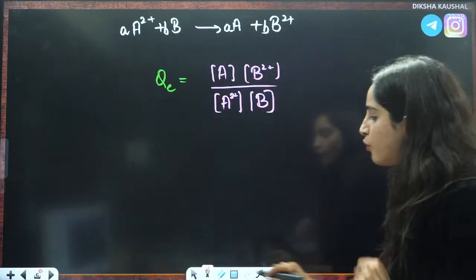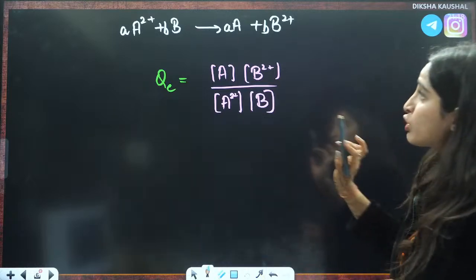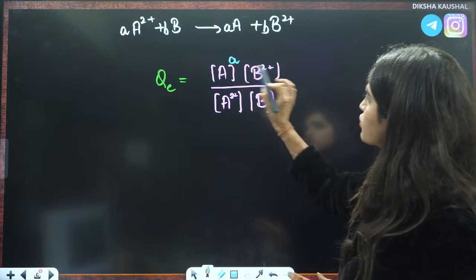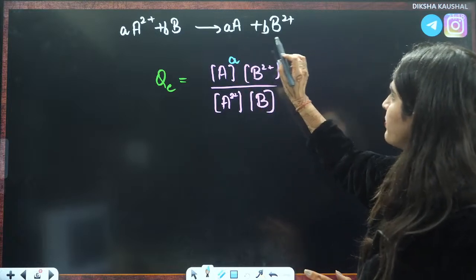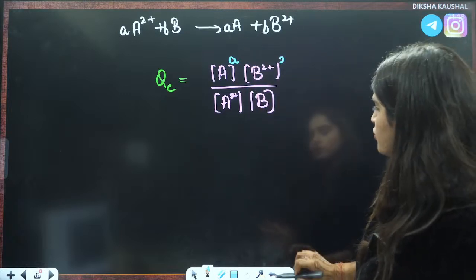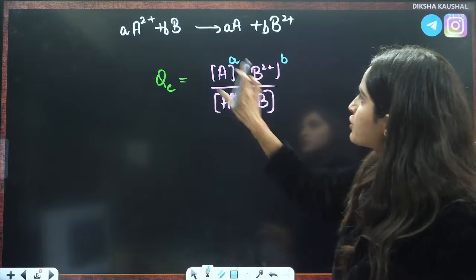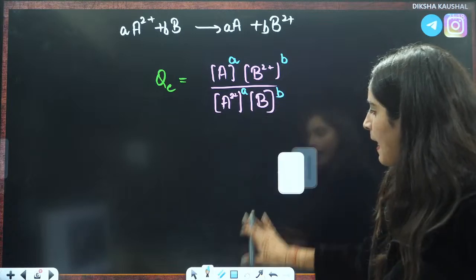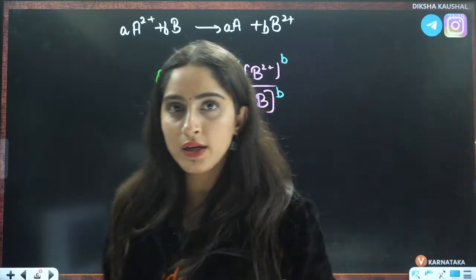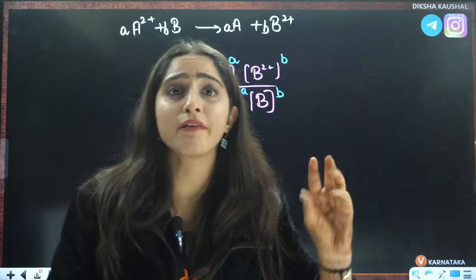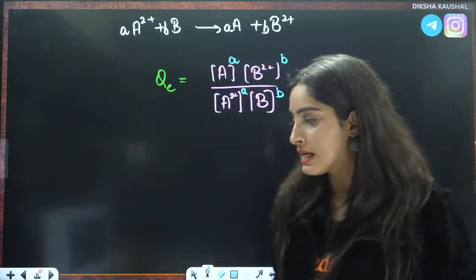Now, raised to the power of the stoichiometry coefficient: here the stoichiometry is A, here for B2+ the stoichiometry is B, here again A, and here again B. QC is the concentration of products divided by the concentration of reactants raised to the power of the stoichiometry coefficients.